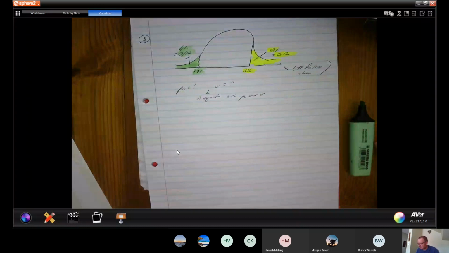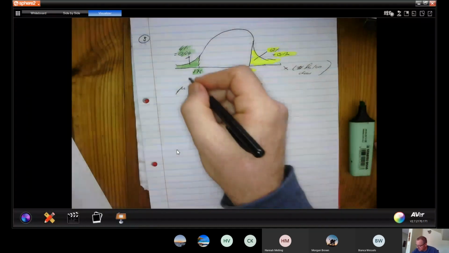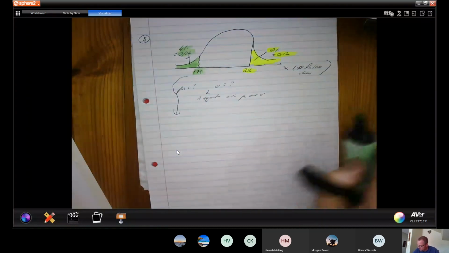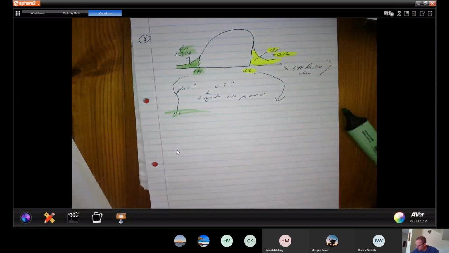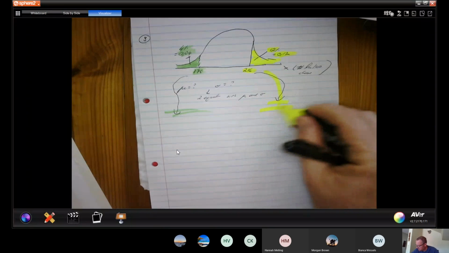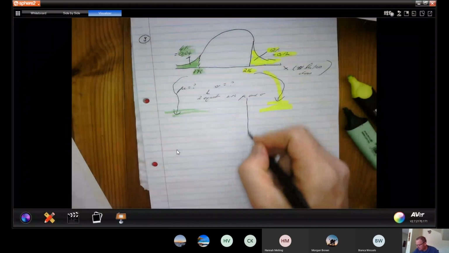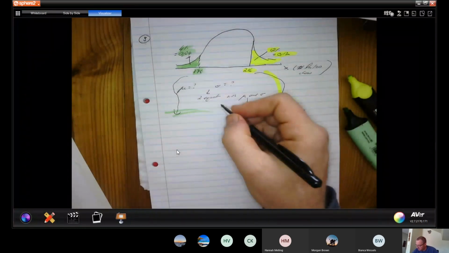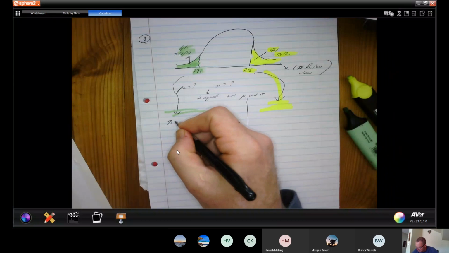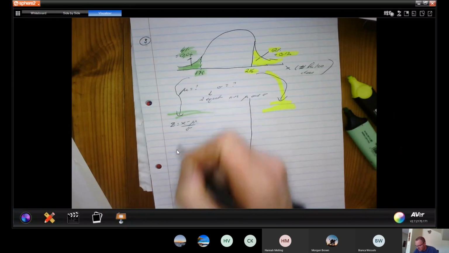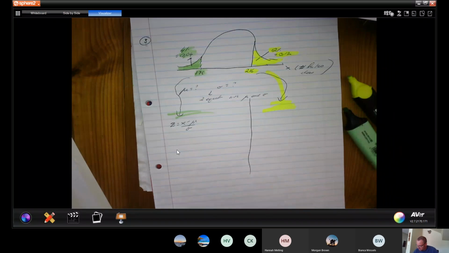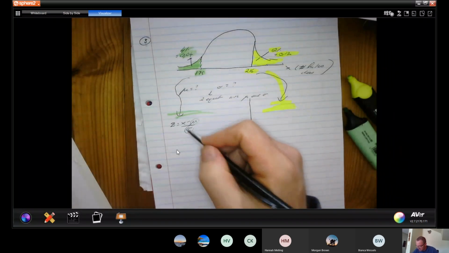So I'm going to get one equation from this bit of information in green, and another equation from this information in yellow over here. And that's going to be the basis for my two equations. And in both cases, I'm going to be using z is equal to x minus mu over sigma.